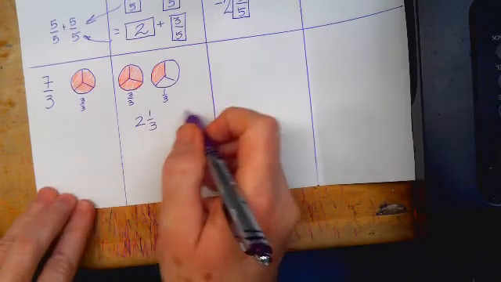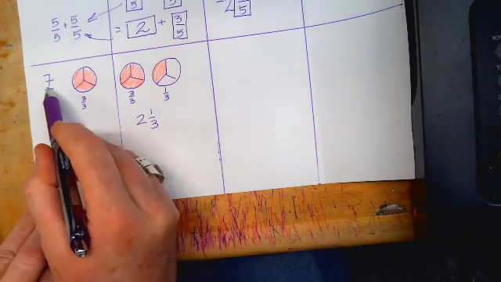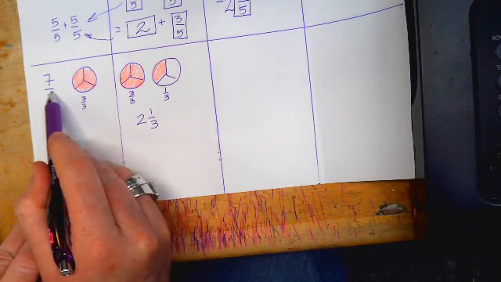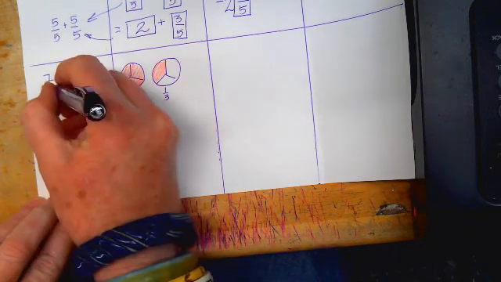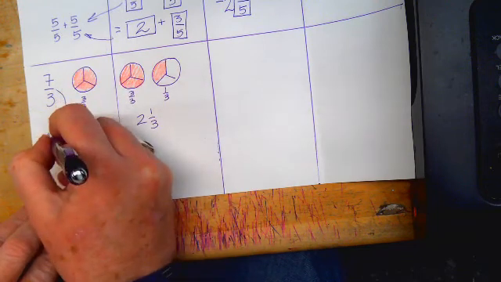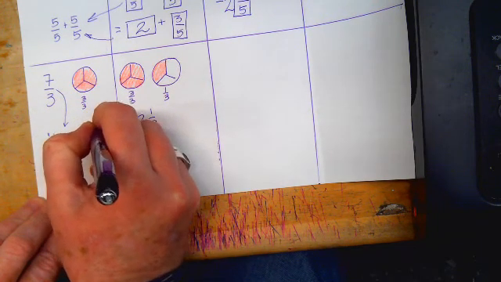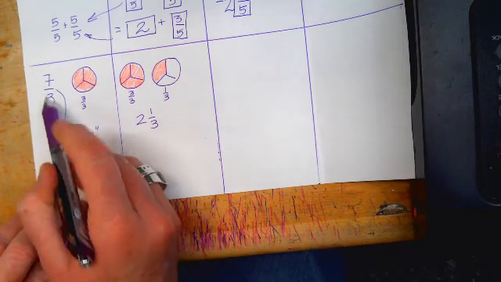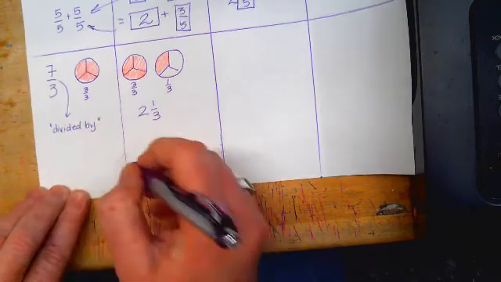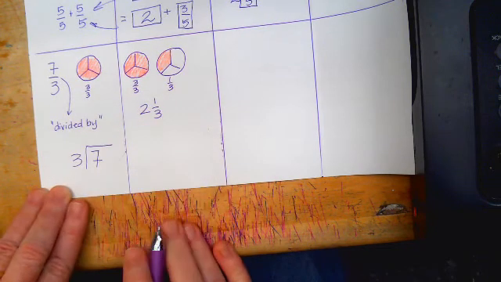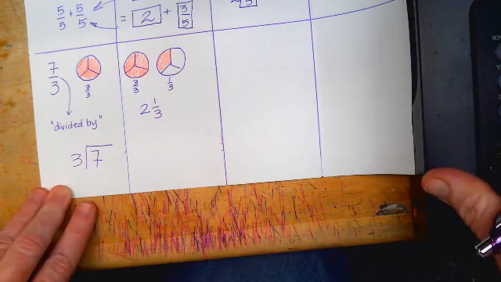So the algorithmic way of doing that, using a math algorithm, is to divide. So this means 7 divided by 3. When I see this bar right here, the bar means divided by. So this is 7 divided by 3, which looks like this.